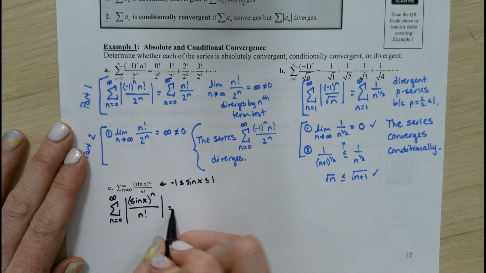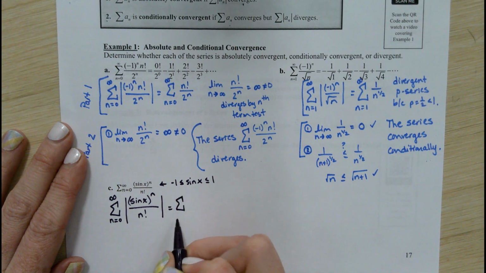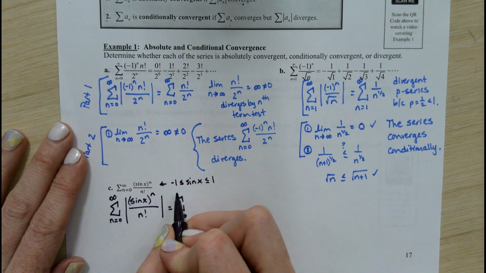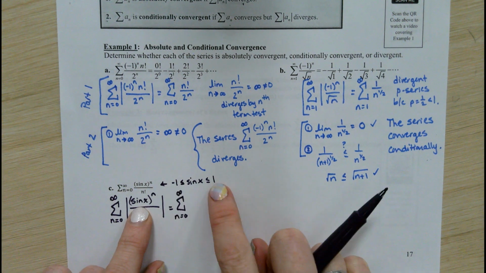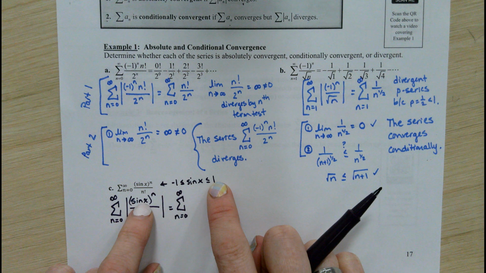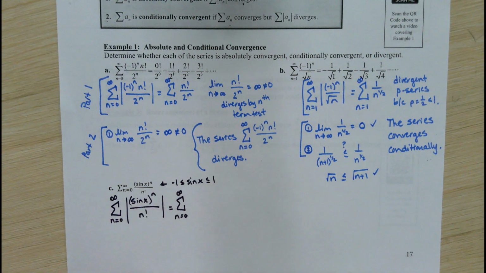And then if we think about what that could really simplify to be, to give us a series that's a little bit easier to investigate, -1 to 1, if we raise it to a power, is always going to end up being somewhere between -1 and 1.